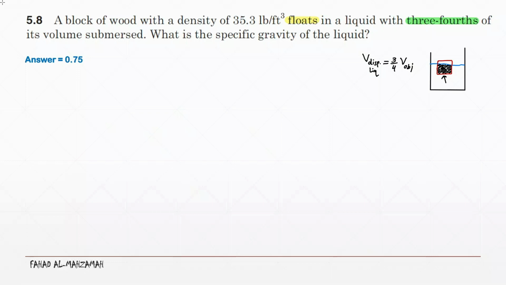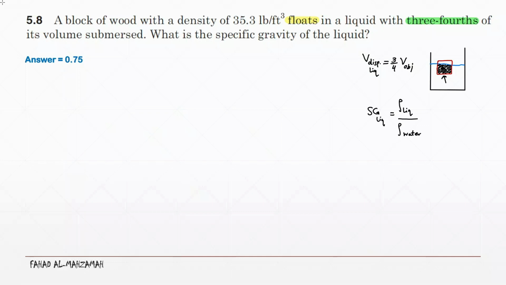And he asked what is the specific gravity of the liquid. Since it's a liquid, we are going to use the formula of material: specific gravity of liquid is equal to the density of liquid divided by the density of water.